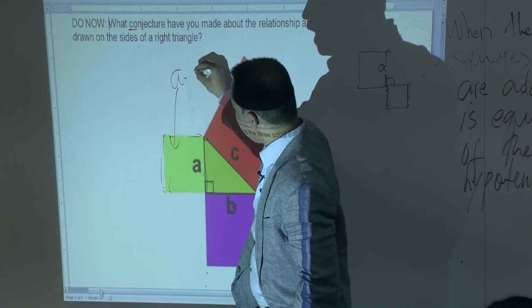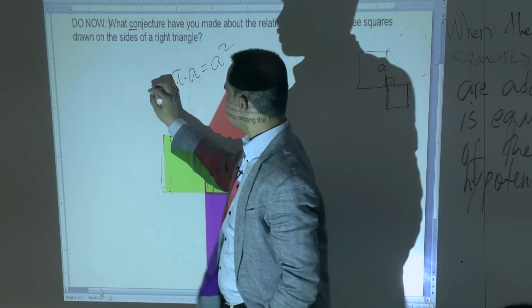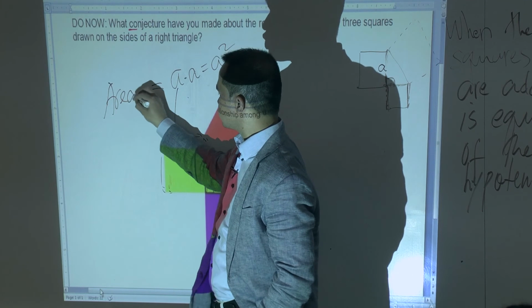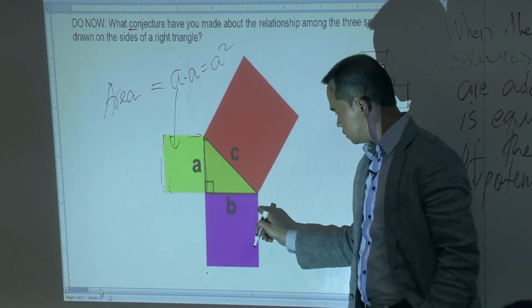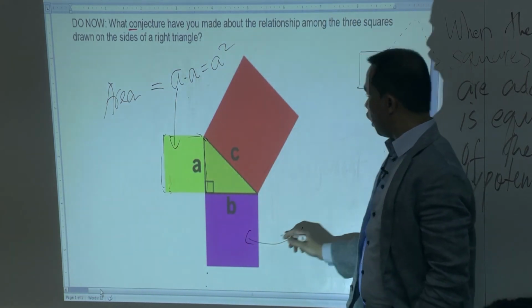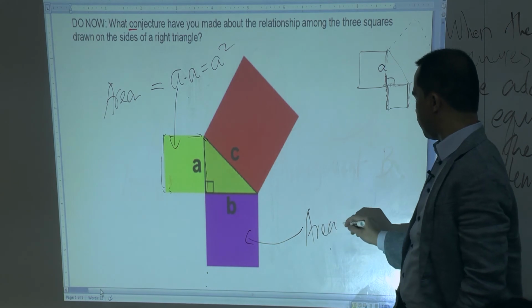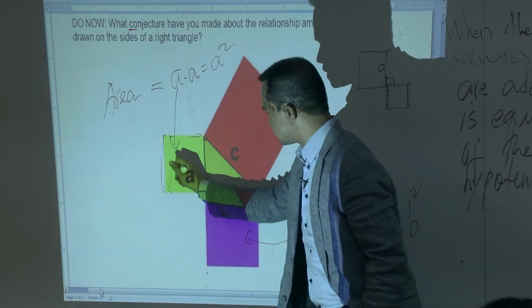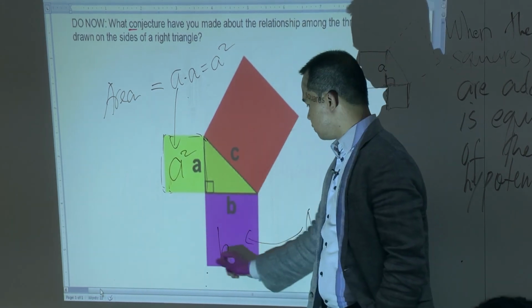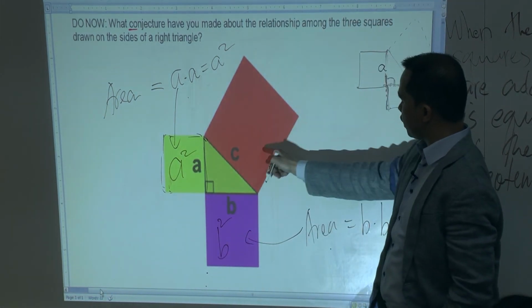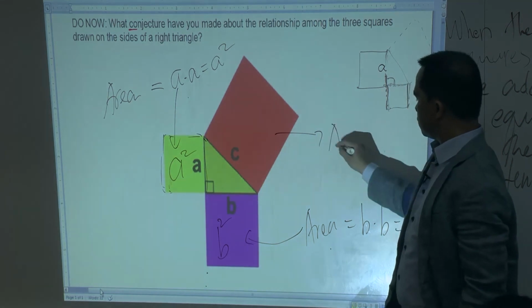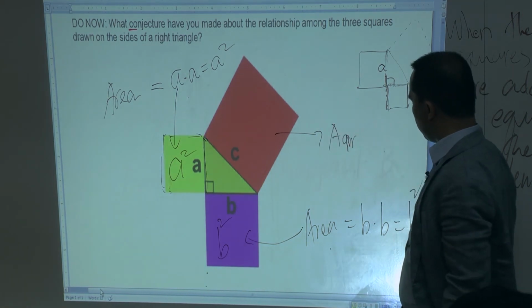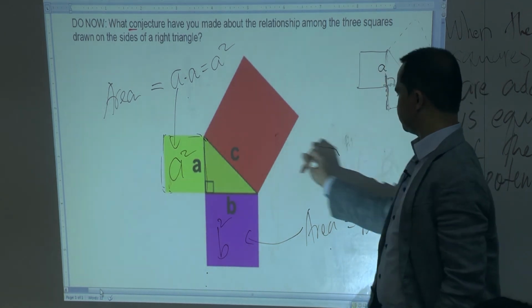A times A, which is A squared. So this is the area of that square. And this square here? B squared. So the area of that square is B times B. So let me label, this is A squared here, this is B squared here, and this one here is C squared.